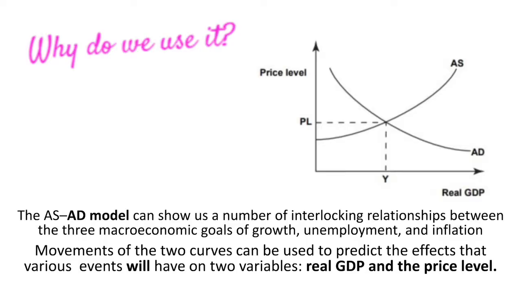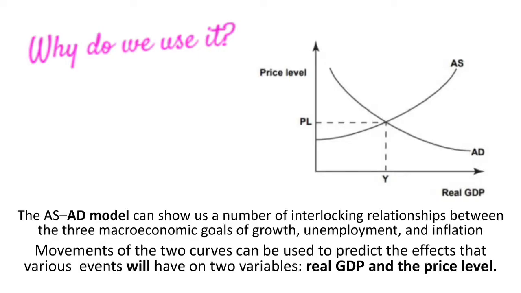It shows us growth, how that's affecting unemployment, and it can show us inflation, because inflation is measured by the price level. In this topic though, you'll only be looking at growth. The movements of the 2 curves can be used to predict the effects that various events will have on those 2 variables, either real GDP or the price level.